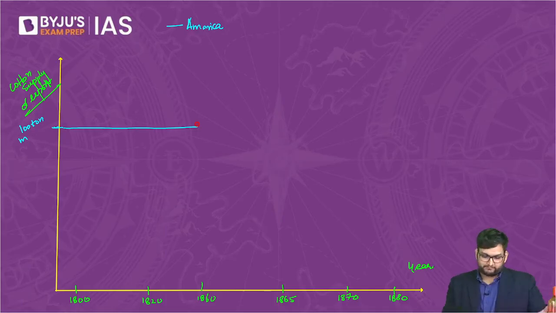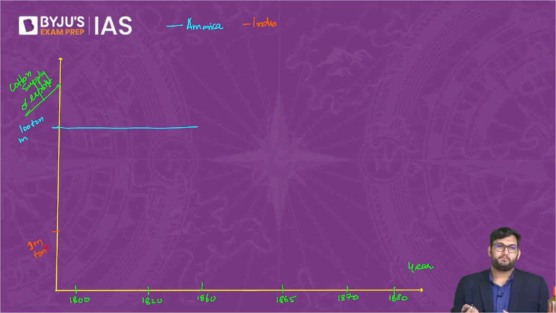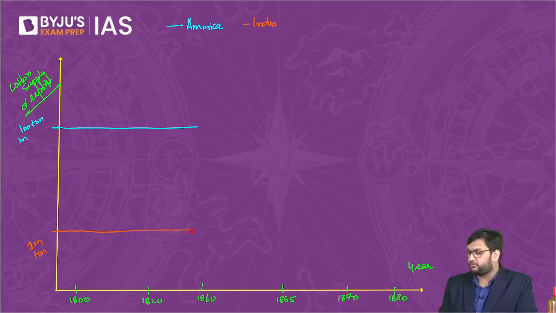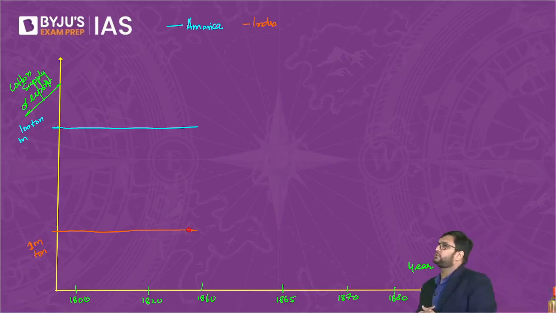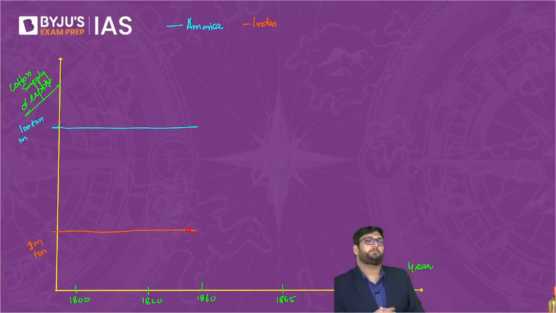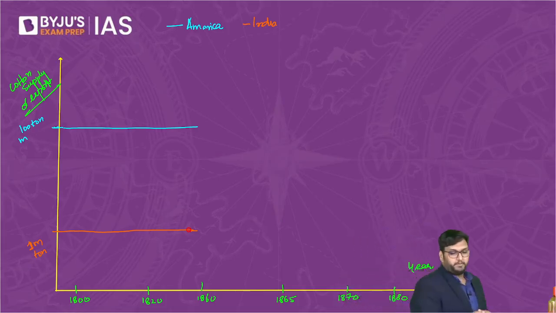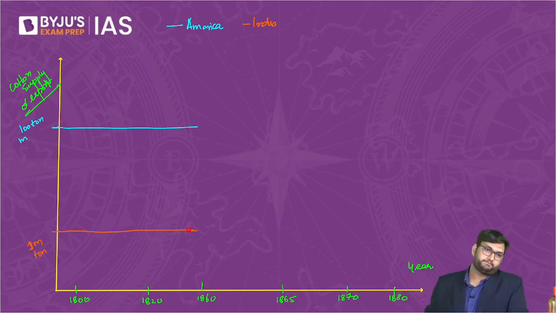And when we talk about Indian cotton, maybe at, for example, 1 million ton. And Indian cotton was also more or less constant, but the purpose was quite different. Indian cotton, more or less short staple cotton, not to be used in the British Industrial Revolution, but to be exported to other countries. But now in 1860 something happens.